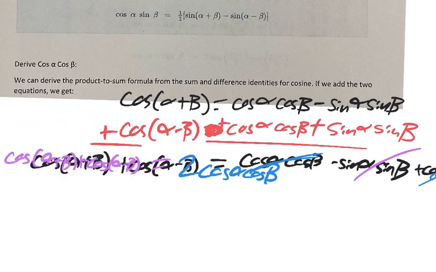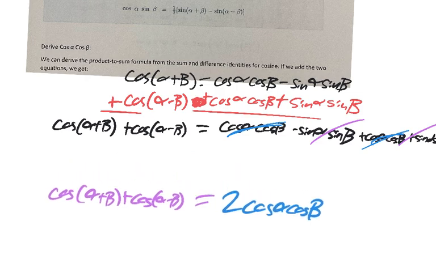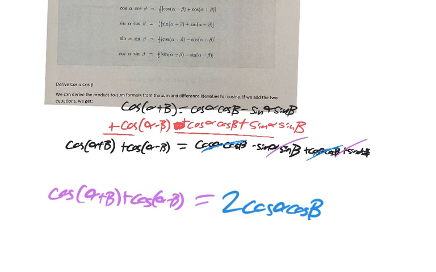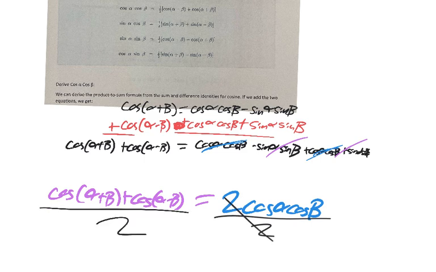And now just looking at the formula, you see we want to get cosine alpha, cosine beta isolated. Well, right now that's being multiplied by 2. Which means I'm going to divide by 2. Well, if I divide all of this by 2, that's the same thing as writing it as 1/2 times all of that.